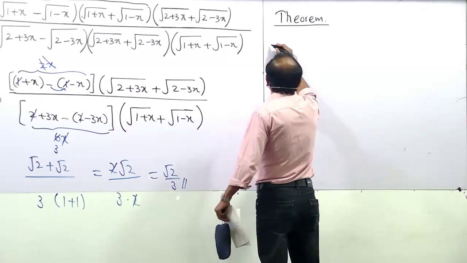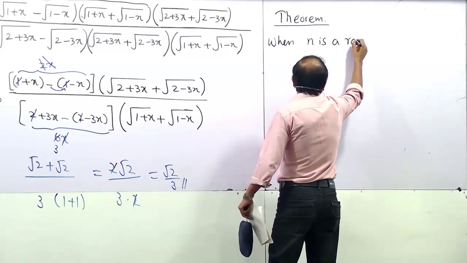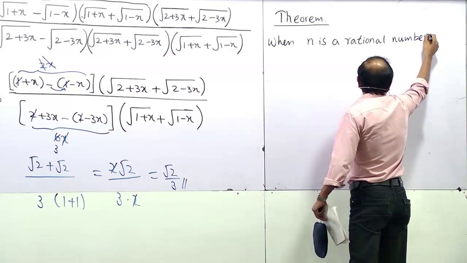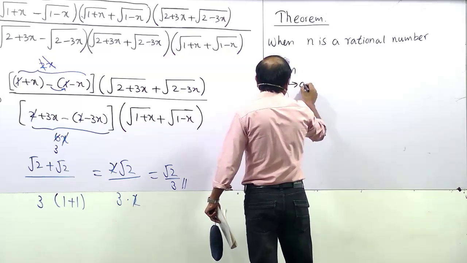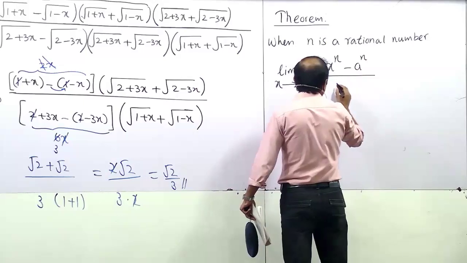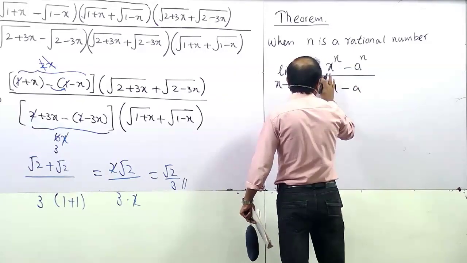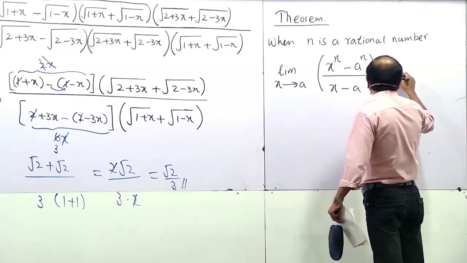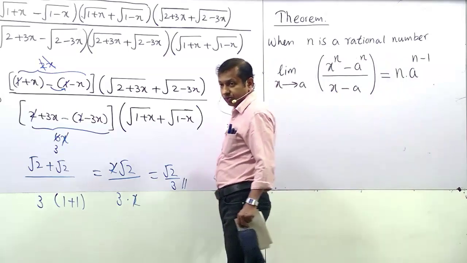When n is a rational number, limit x approaches a of x to the power n minus a to the power n divided by x minus a equals n a to the power n minus 1. This is the theorem. We can prove this. Right?